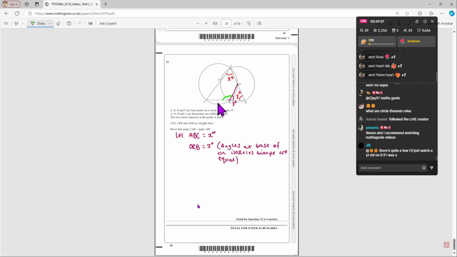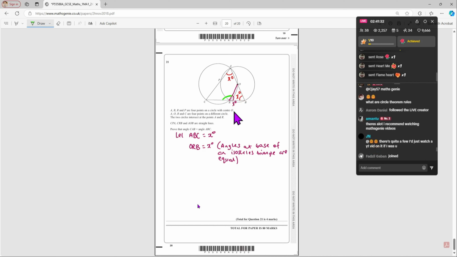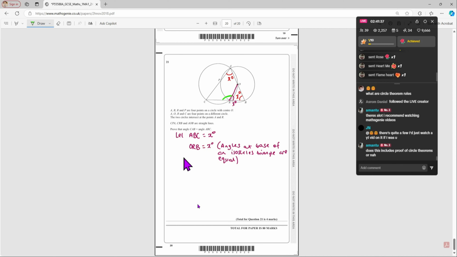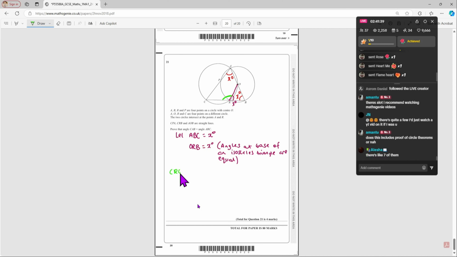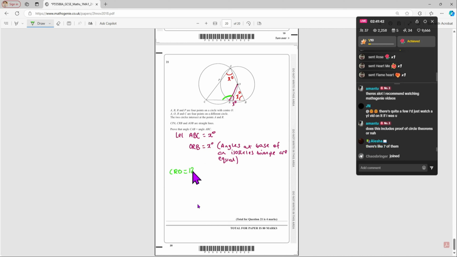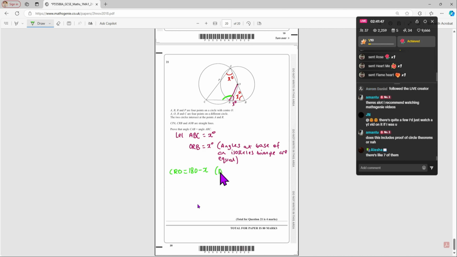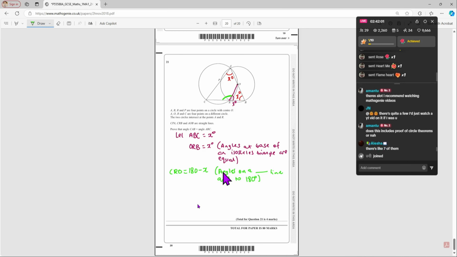We have to use angles on a straight line add to 180 degrees. So angle CRO is equal to 180 minus X, because angles on a straight line add to 180 degrees. That's why our expression is like that.